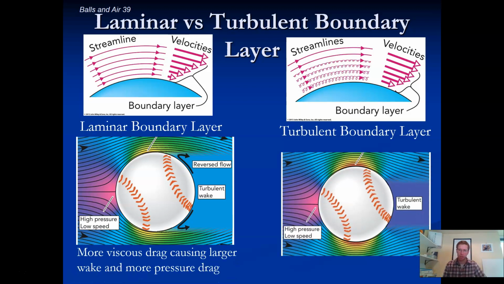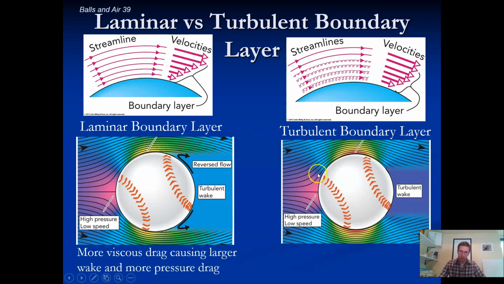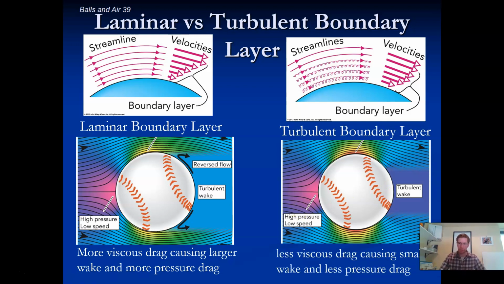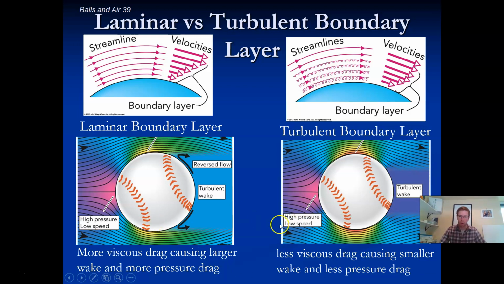And so the air is able to stay along the surface of the ball longer as it rolls along the edge, and the size of that turbulent wake is dramatically reduced. Since you have a smaller turbulent wake, you get less pressure difference. So the incredible thing is that you end up with not only less friction with the air, less viscous drag, but also a much smaller wake and therefore much less pressure drag. And that's where the big difference comes in.